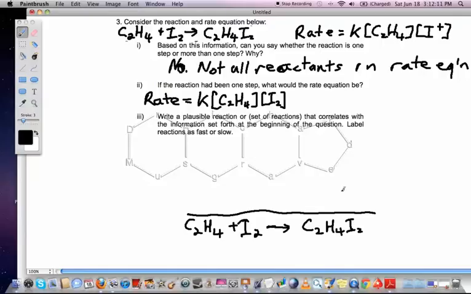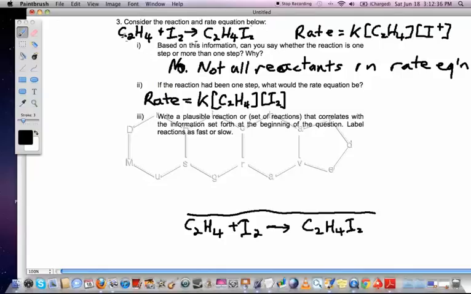And what I want to do now is figure out whether this C2H4 and I+ is going to be the first step or some other step down the line. Now, as I've said in the past, if you can take whatever's in the rate equation and pull it directly from the reactants, you can pull the C2H4, but what about the I+? The I+ I can't pull from the I2.